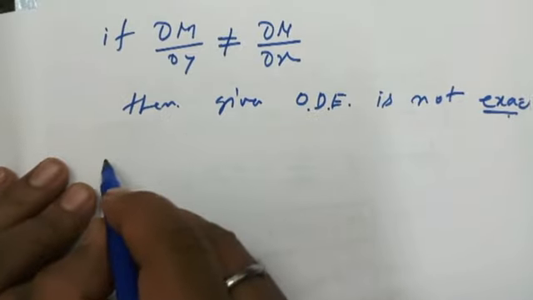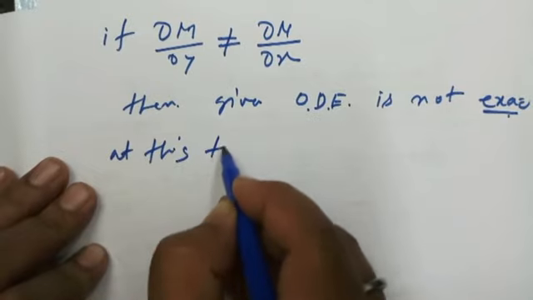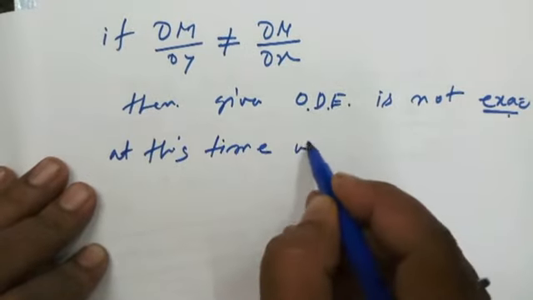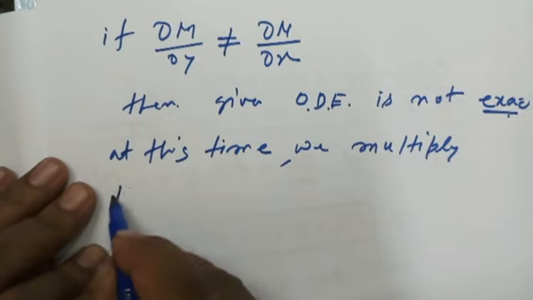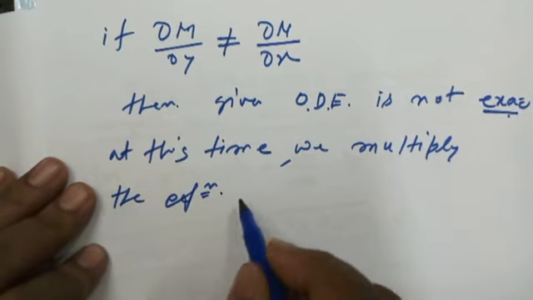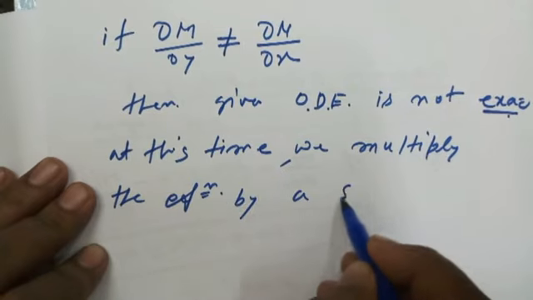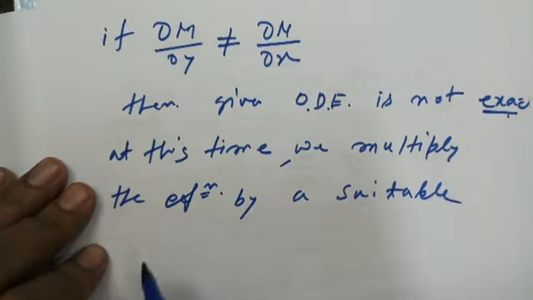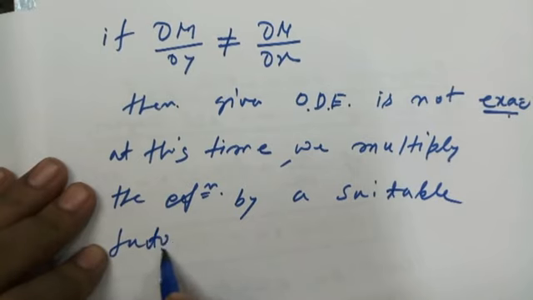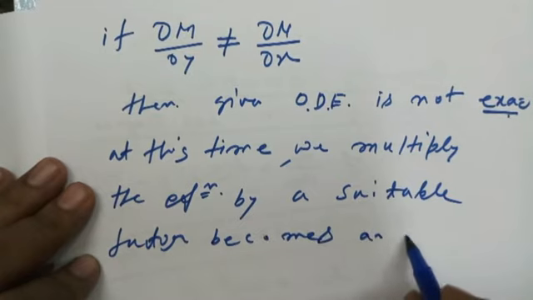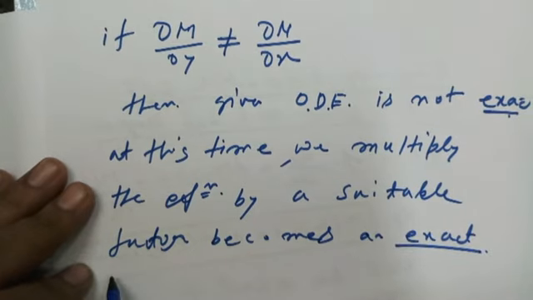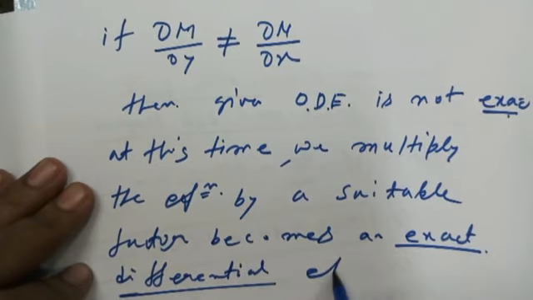At this time we multiply the equation by a suitable factor, and it becomes an exact differential equation.